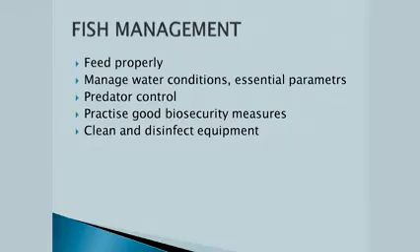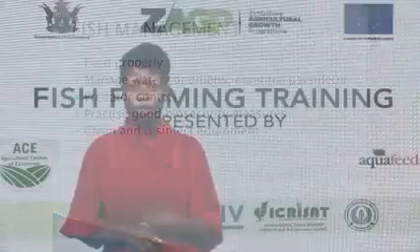So when you stock your pond, you should know how to properly manage your fish. Thus, you should feed them with proper feed at the given time. For example, when you receive them, they'll be ranging between 1 to 1.2 grams, and they will be eating starter 2. You feed them starter 2 for 3 weeks.